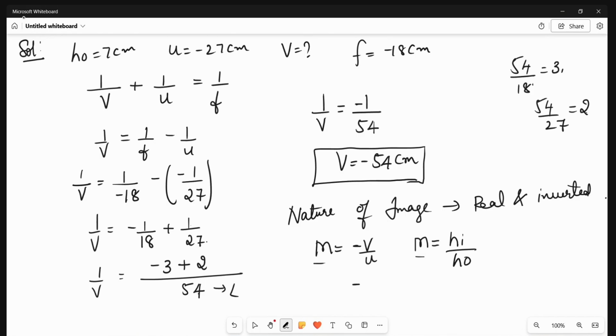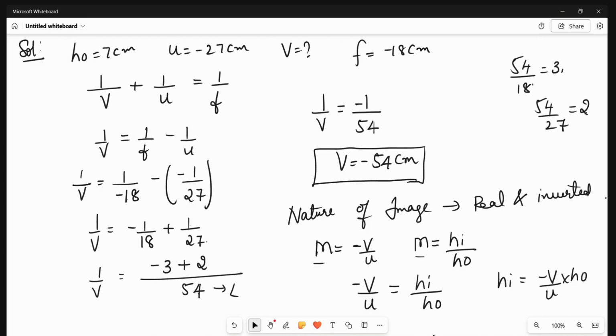So I can write minus v by u is equal to hi by h naught. You want the size of the image, which is hi. So hi is equal to minus v by u into h naught. The height of the object he has given, 7. V and u we know, so you can calculate hi.